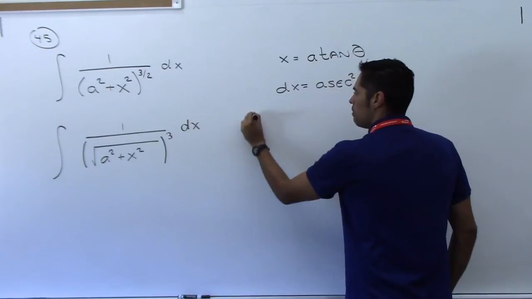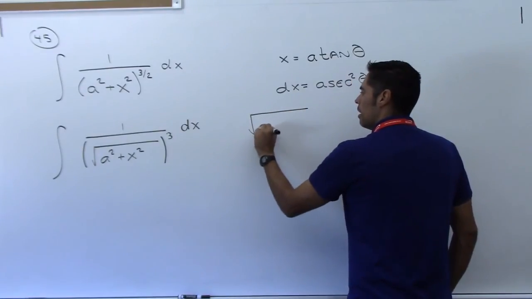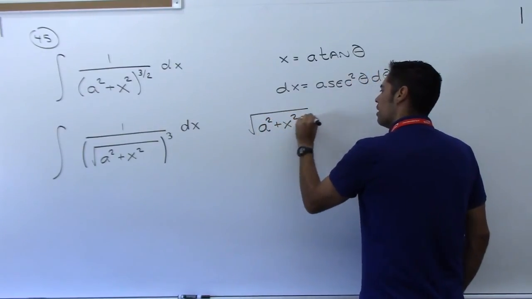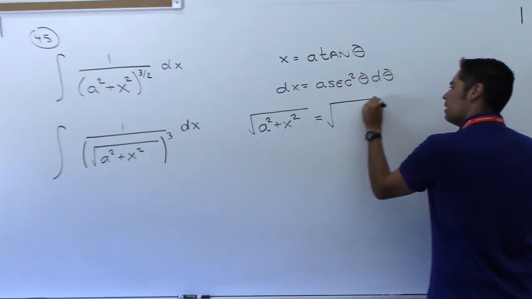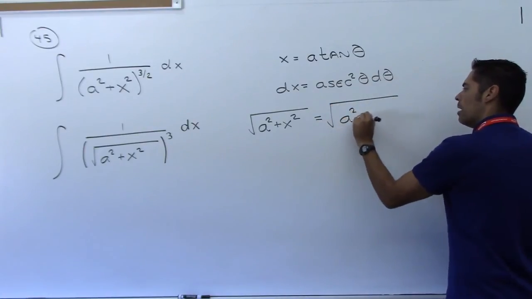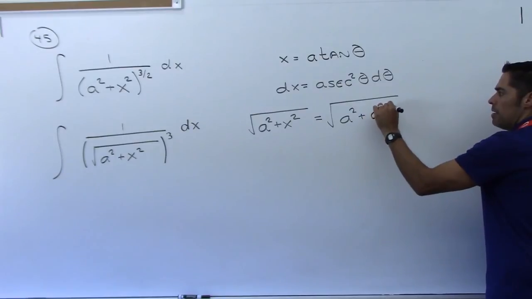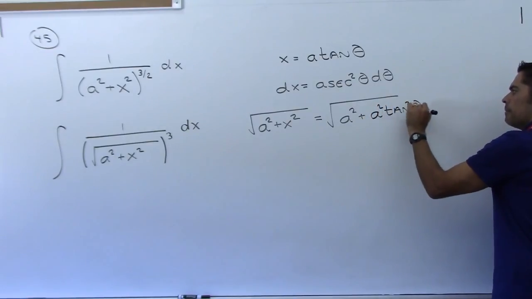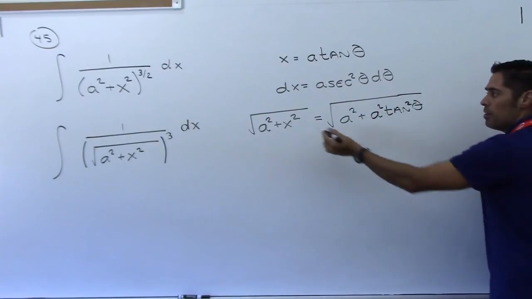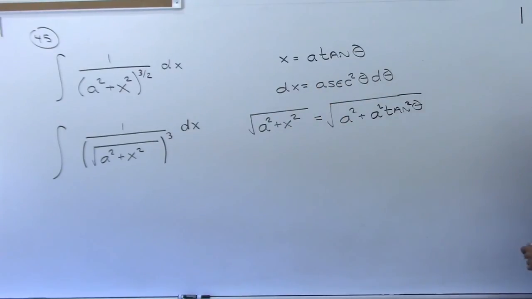And then the square root part of this. A squared plus x squared is a squared plus a squared tan squared theta. So you're squaring x. What can you factor out of both of those?